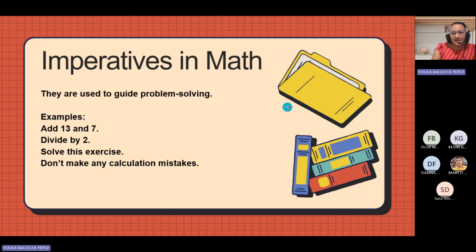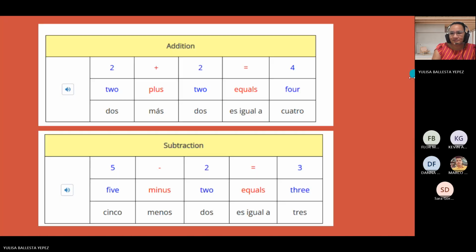In this part, I'm going to show you how to use the imperative in math, but before I'm going to show you this. Addition is suma. So 2 plus 2 equals 4.